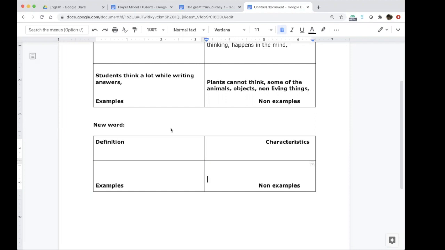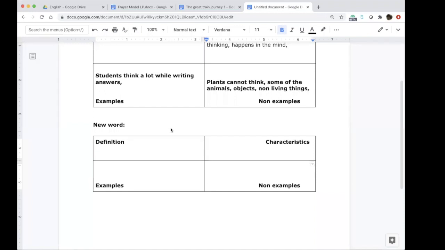That's why we are using both examples and non-examples, because if I just say beard means the hair that is on the face of a man, we don't know whether eyebrows are beard, whether hair is a beard, whether mustache is a beard. But if I can specifically say mustache is not a beard, eyebrows are not a beard, it will help you understand exactly what is a beard. So that's why we also use non-examples.